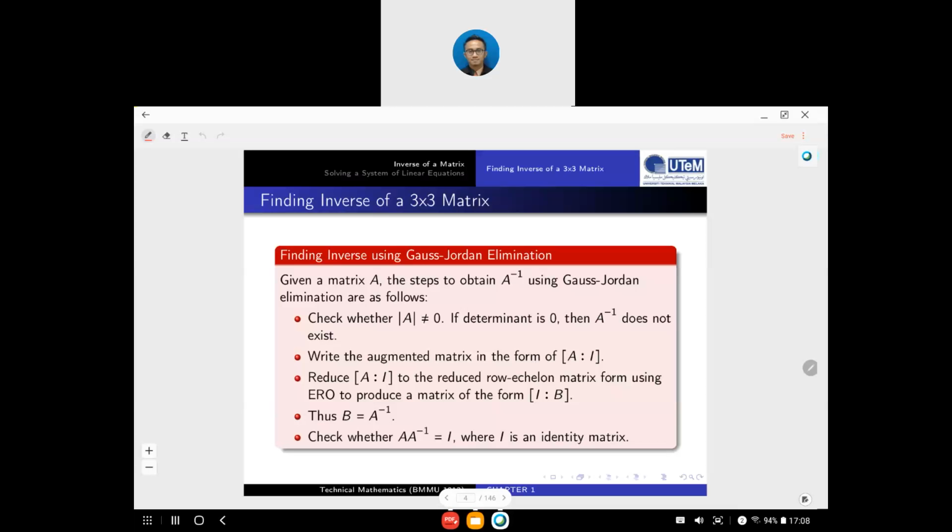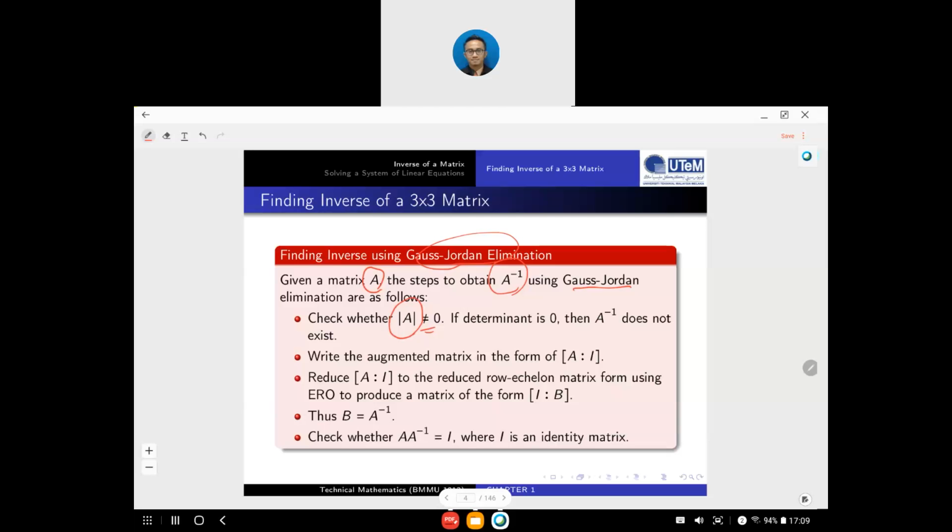Okay, finding inverse using the Gauss-Jordan elimination method. If you have matrix A and you want to find A inverse using this method, first you must check whether the determinant is equal to zero or not.